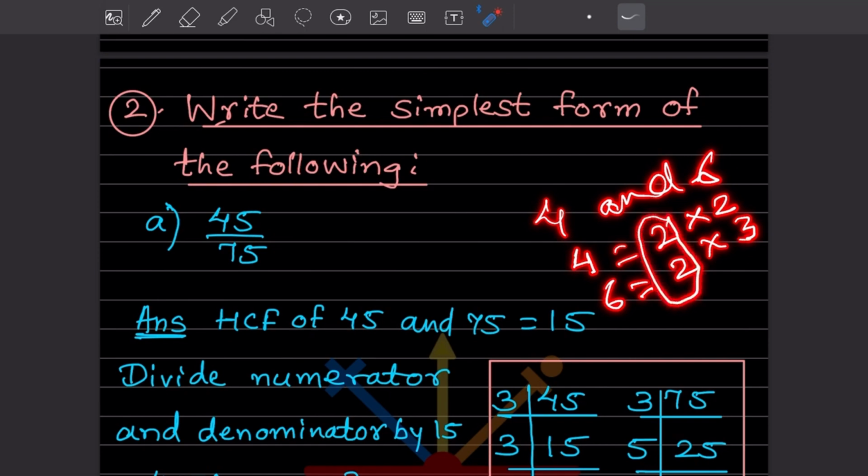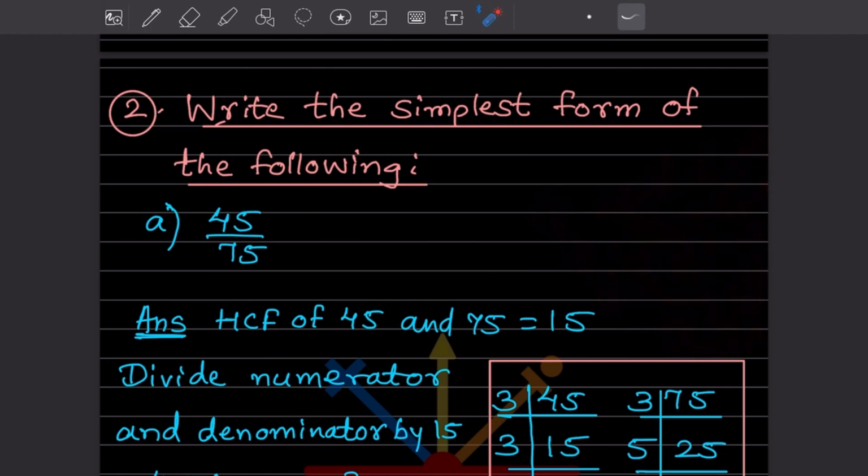You can see this 2 is common, right? And these two numbers are not along with this. So what will you write? This 2, you will write only once. And these are uncommon, which is not getting paired, isn't it? So that will be 2, this 2 and 3. So what is that going to be? 2 2s are 4, 4 3s are 12.